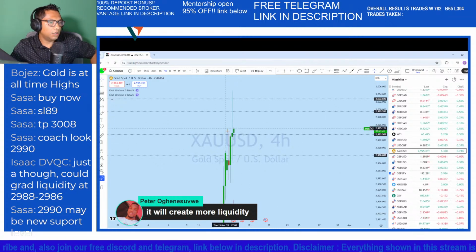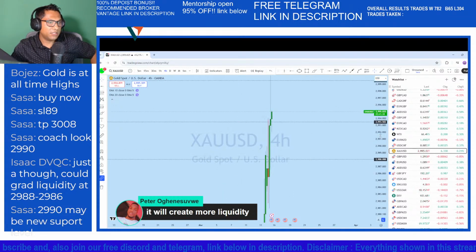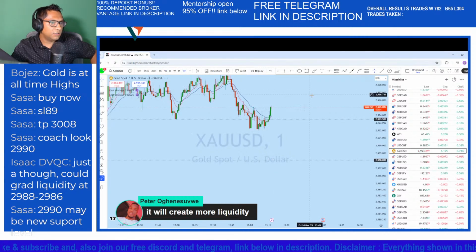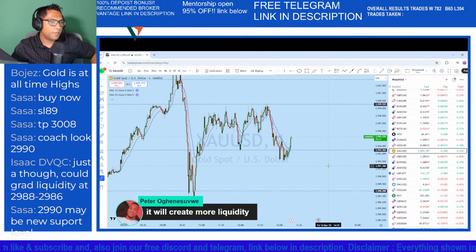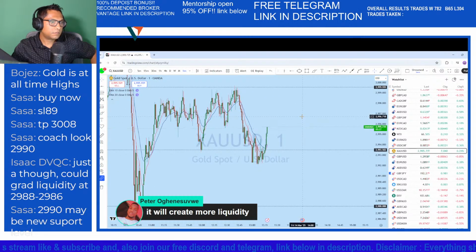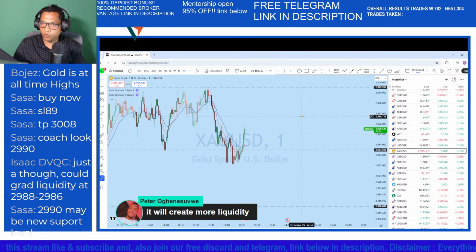There is a huge long wick here, so the price may try to fill some of this long wick in that direction. It's heading in that direction to fill that long wick.